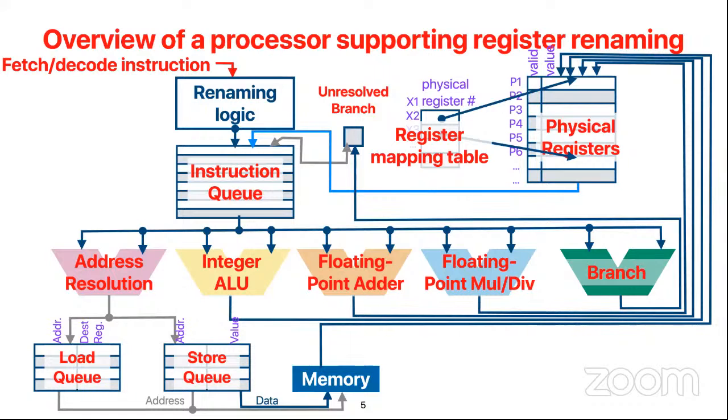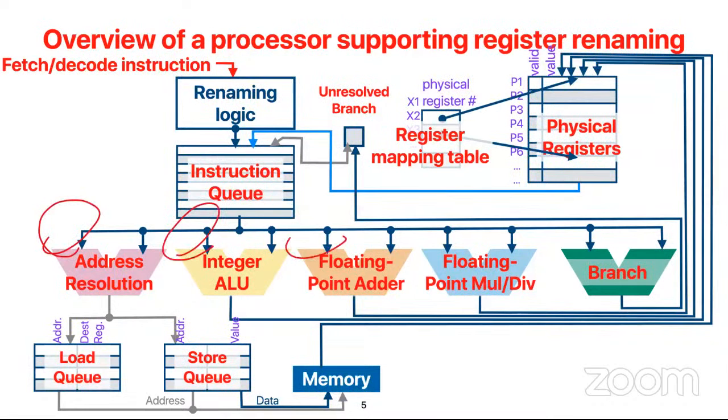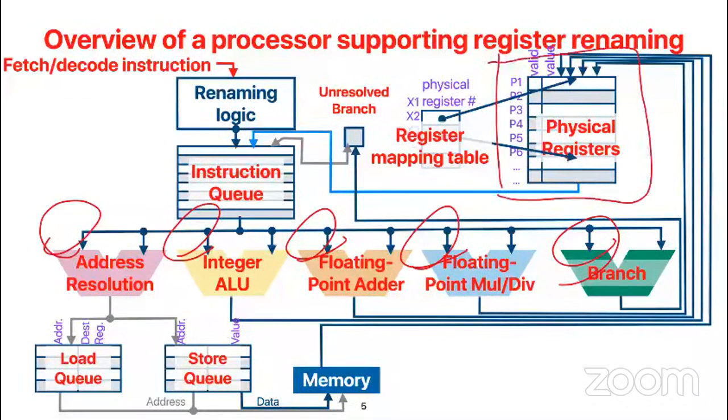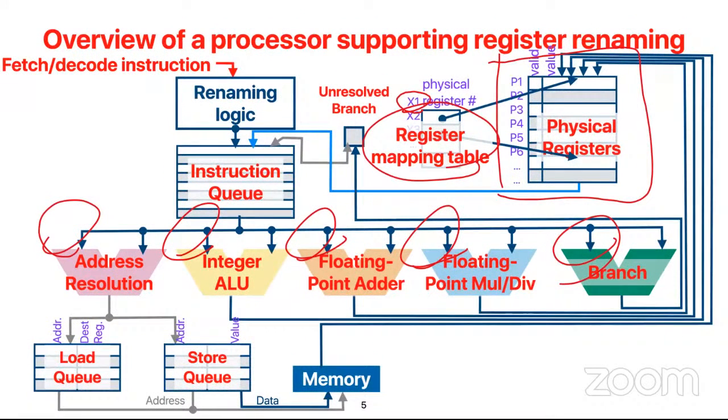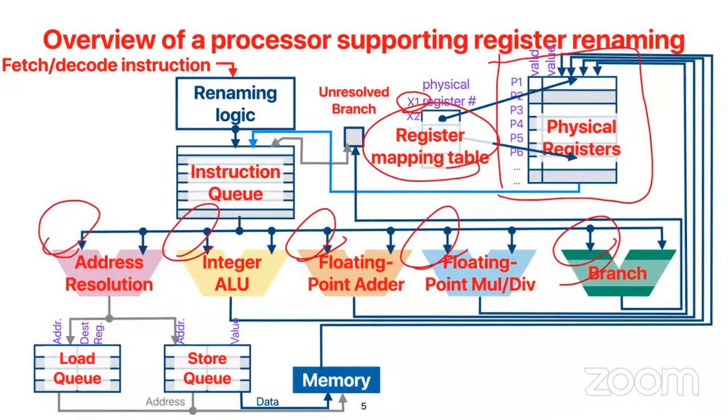The basic idea of register renaming is that instead of putting reservation stations with each functional unit, they are now put in a central place called physical registers. And you have a register mapping table to remap the architectural registers, like your X1 to X31, to physical registers.